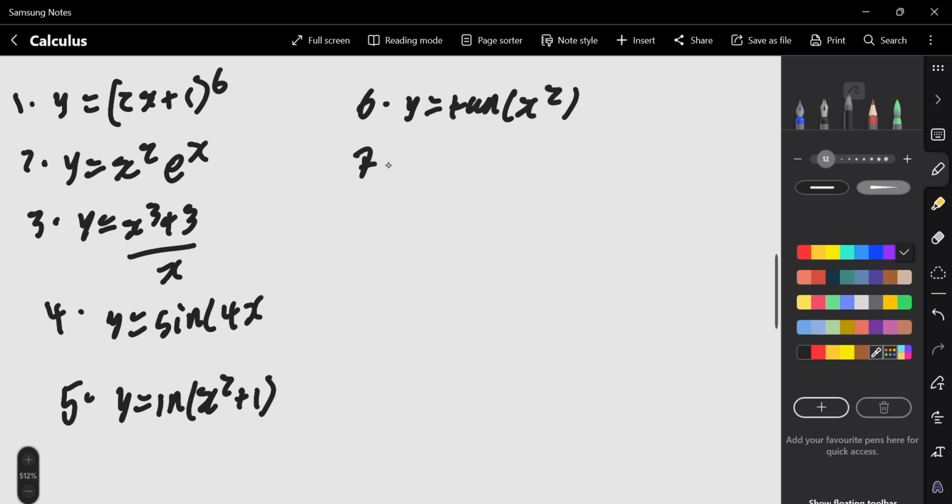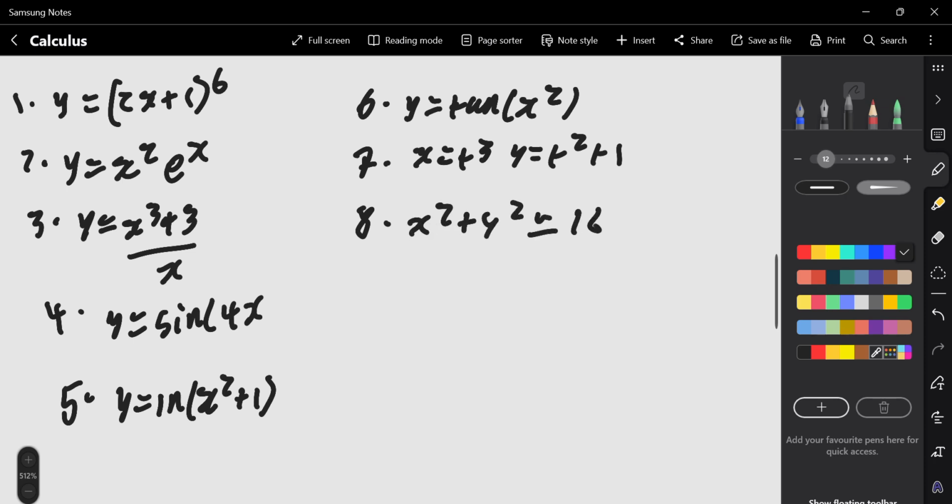Number 7: x equals t cubed, y equals t squared plus 1. Number 8: x squared plus y squared equals 16. Number 9: find d2y by dx squared of x e to the x.